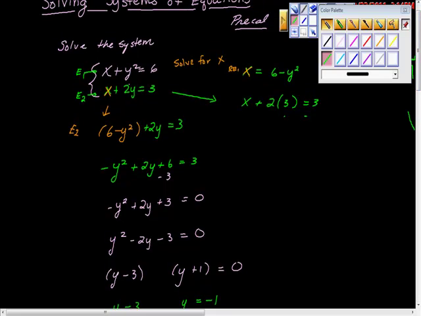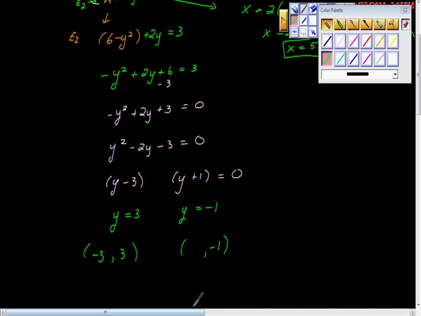I'm going to take one of the equations, the easiest one for me, x plus 2y equals 3. So x plus 2 times negative 1 gives us x minus 2 is equal to 3. We get x is equal to 5. x is equal to 5, not y.